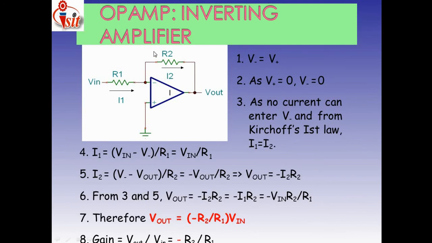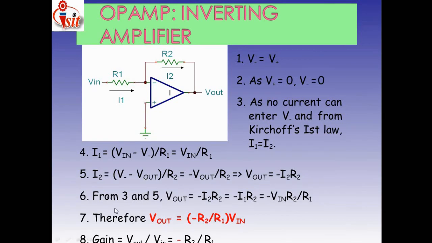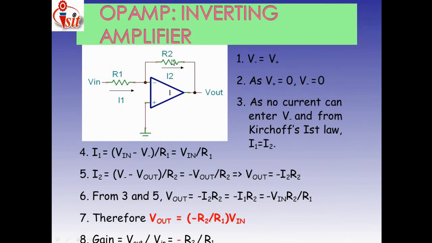For that purpose, we can replace R2 by RF, which is called the feedback resistance. Then the gain equation for the inverting configuration of the op-amp is given by minus RF by R1.